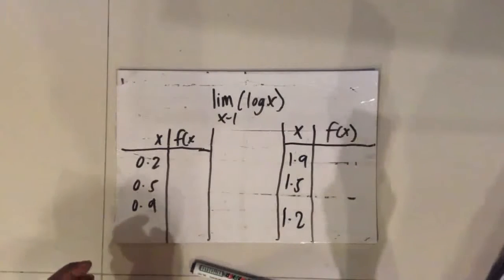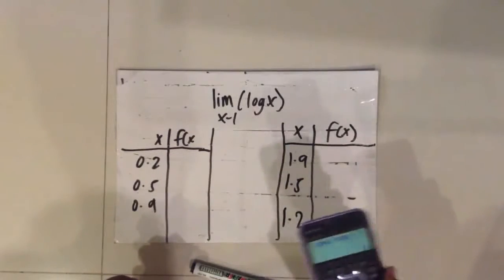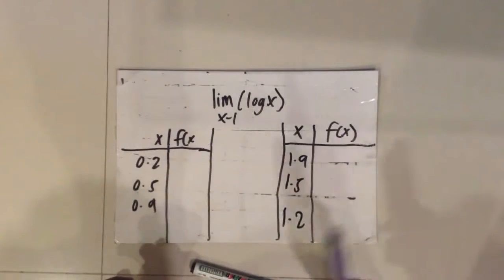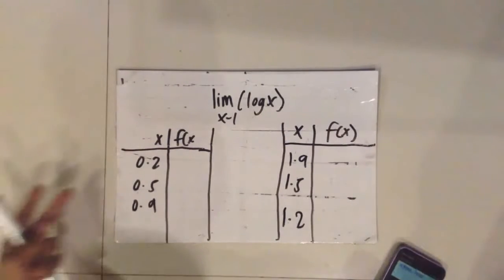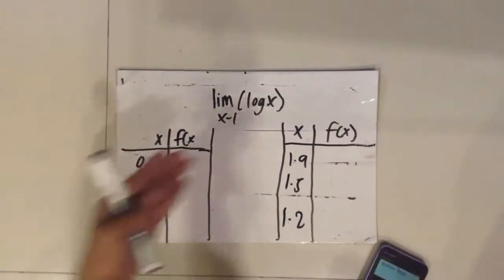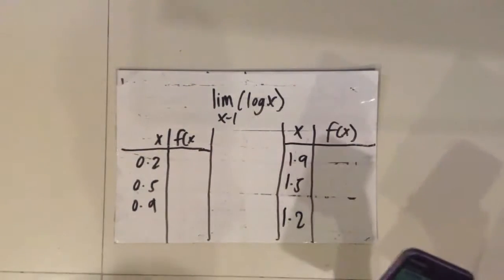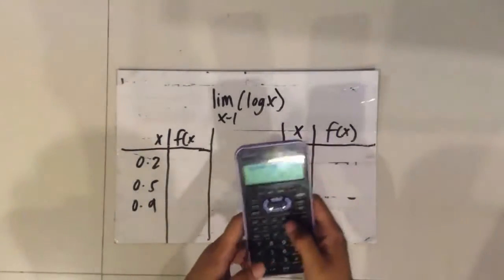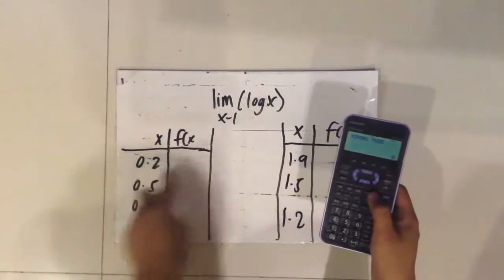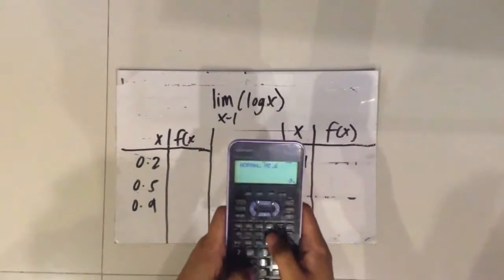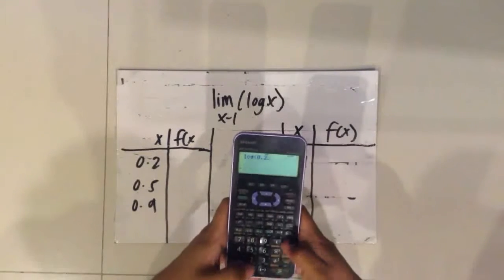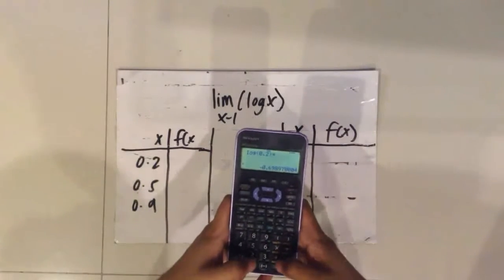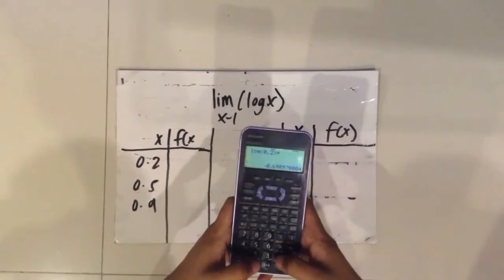So for the second example, we have the limit of log x as x approaches 1. Just like the first example, we will substitute the x values in the given equation. We have log 0.2, substituted to x, and the answer is 0.69.